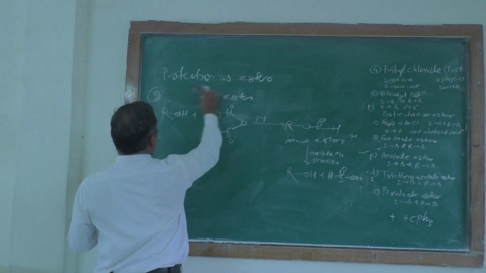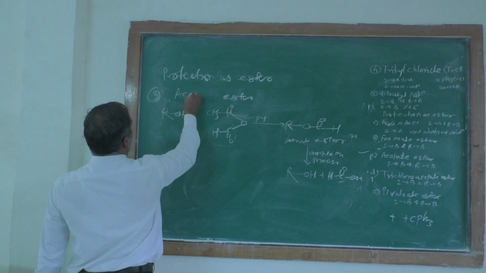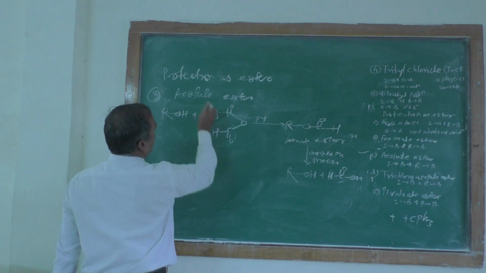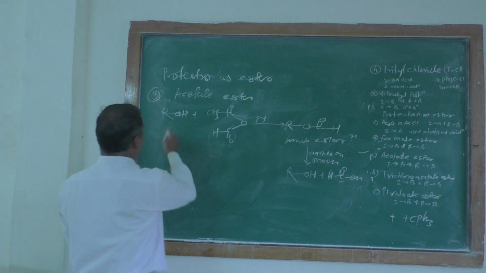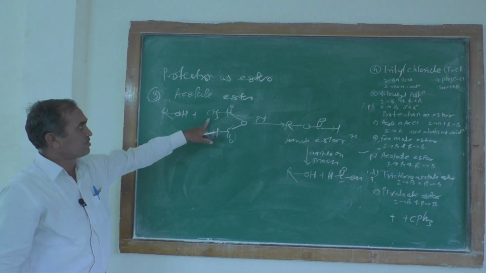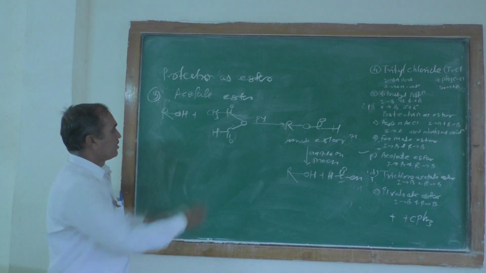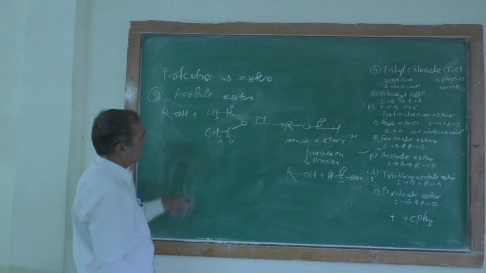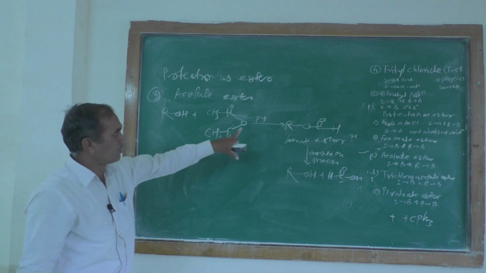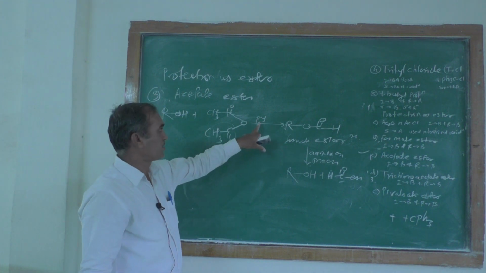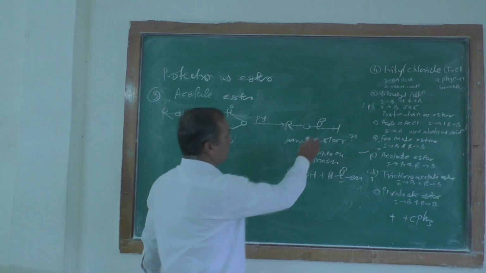This acetate ester. The general formula is the same, ROH, but instead of this hydrogen atom there will be a methyl group, CH3 C double bond O, treated in presence of the base. So what do you get here?